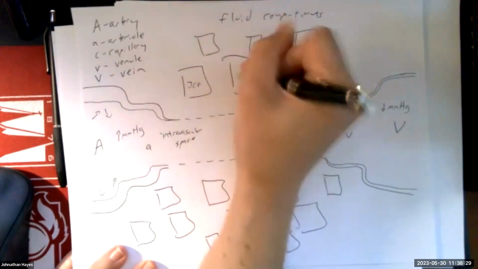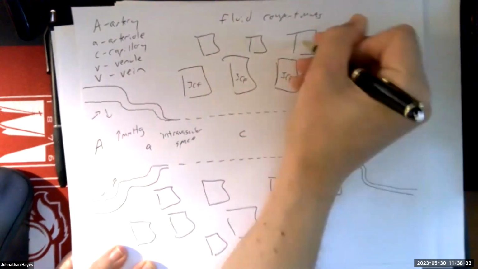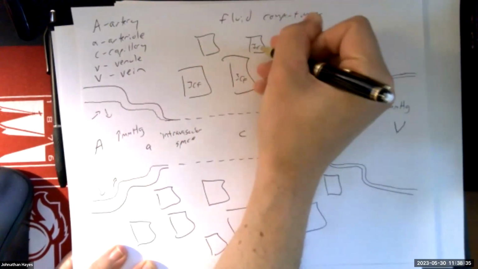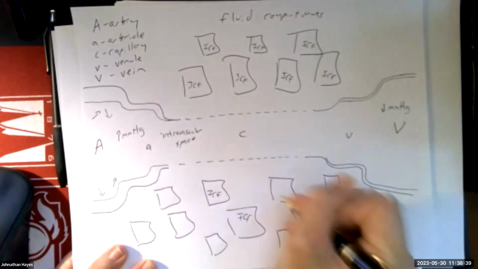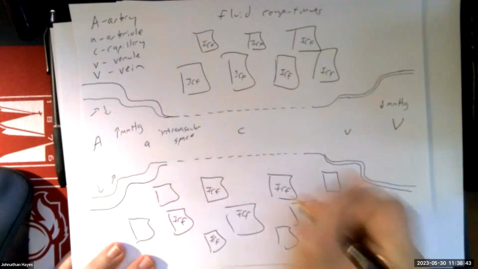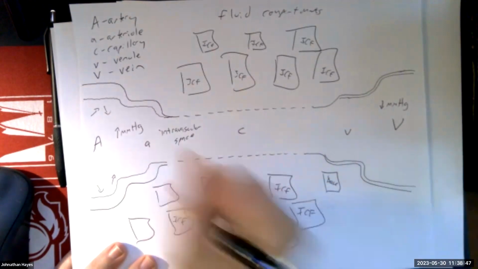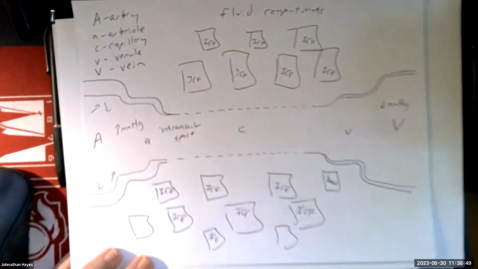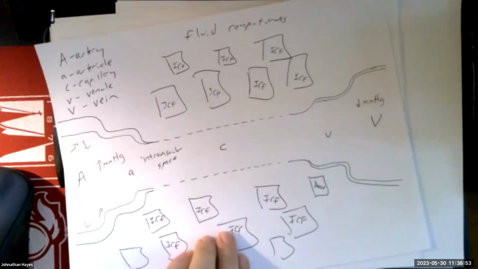So this would be ICF, this would be ICF, this is ICF. This is Dave. We're going to call him Dave. This is ICF.